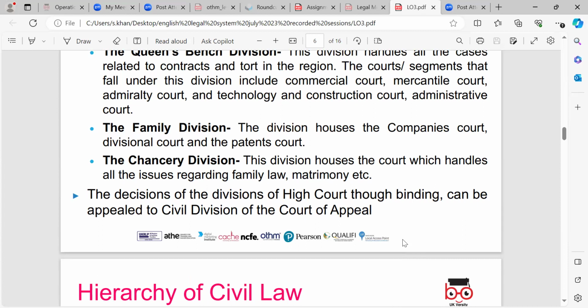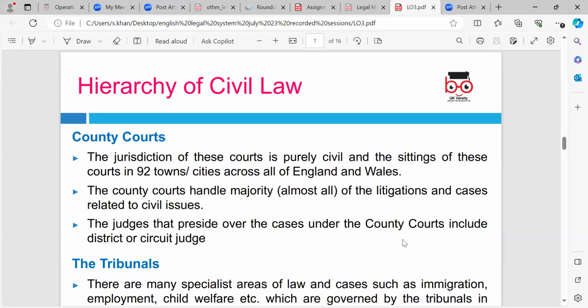Then we've got the county courts. The jurisdiction of these courts is purely civil, and they sit in 92 towns and cities across England and Wales. The county courts handle almost all of the litigation and civil cases relating to civil issues.